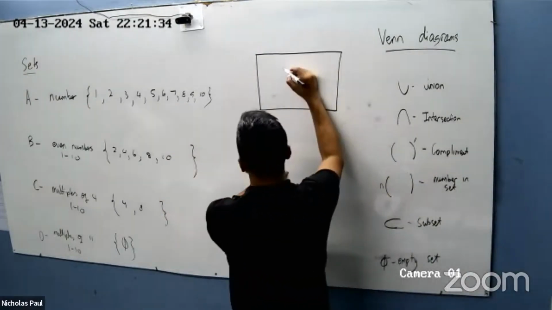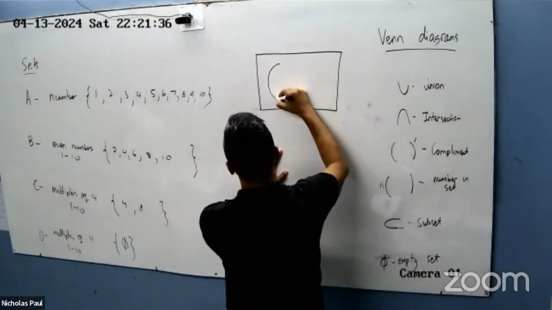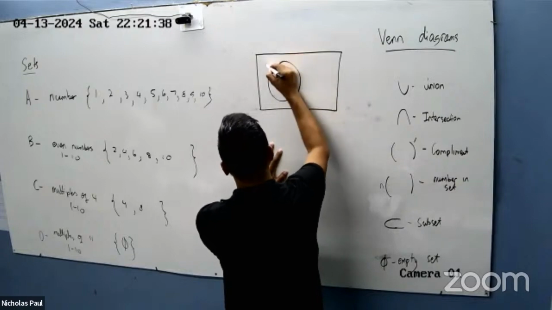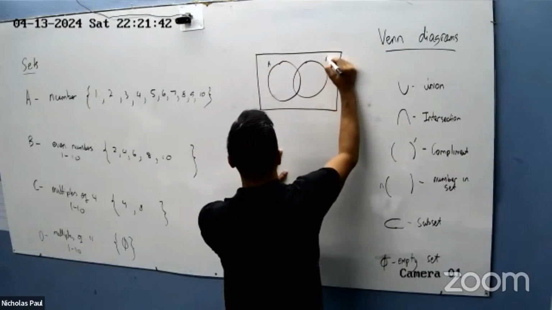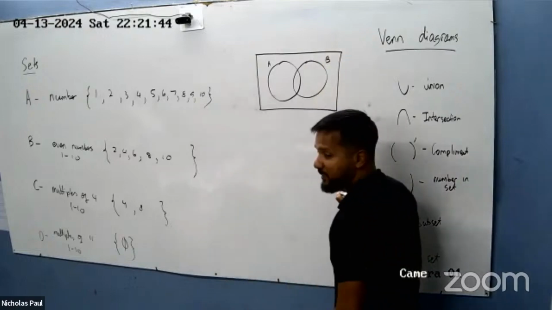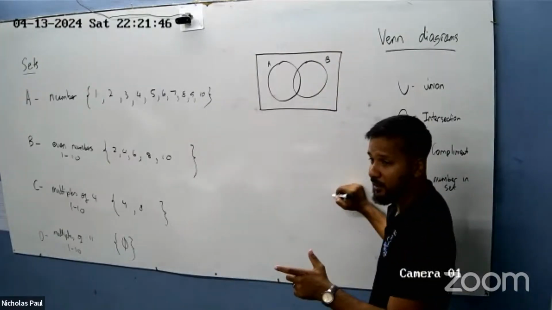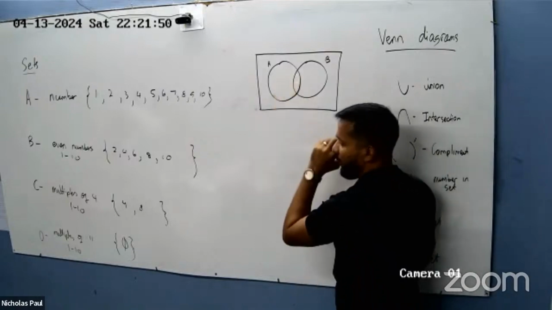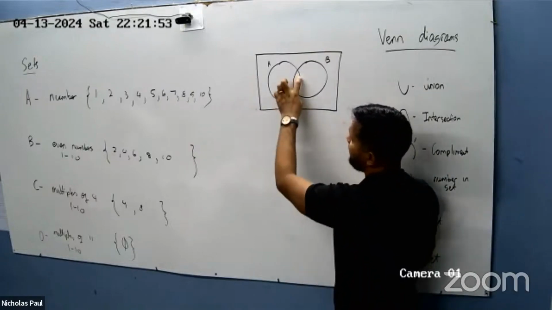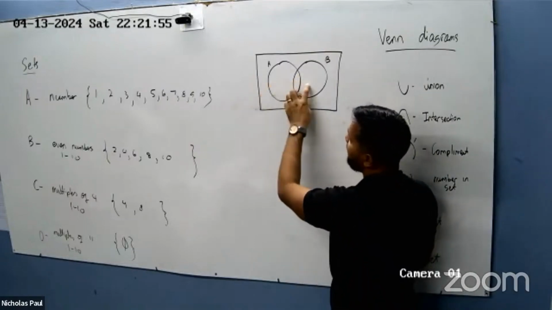So the first thing we do is write A, write B, and check to see if they intersect. If they intersect, then you will have this here, and this represents what A and B have in common.